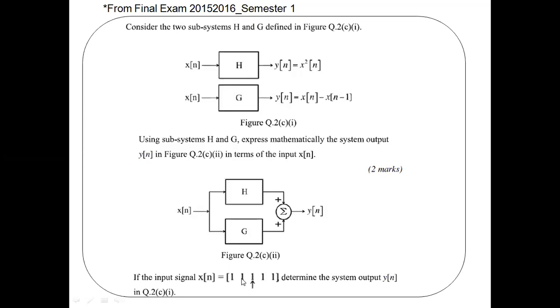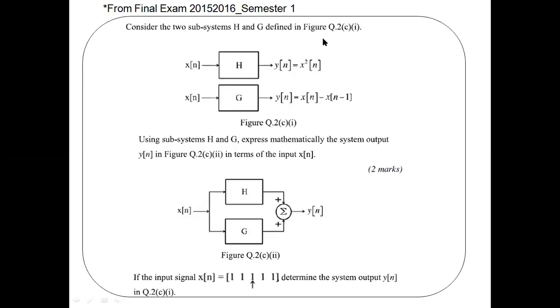This is for n equals -2, this is for n equals -1, this is for n equals 0, this is for n equals 1, and this is for n equals 2. Hopefully you understand the representation for xn. So based on that, you are requested to find yn.